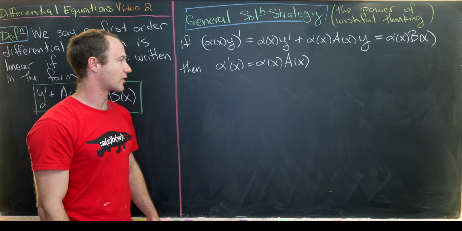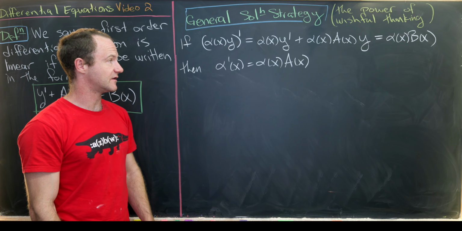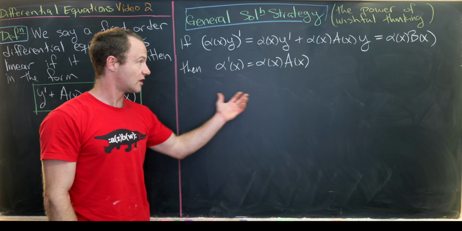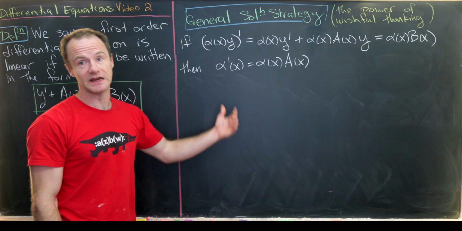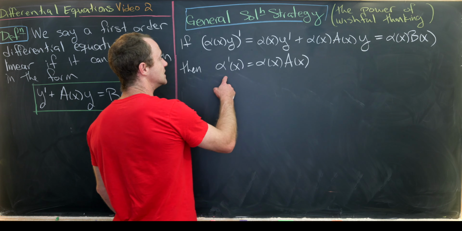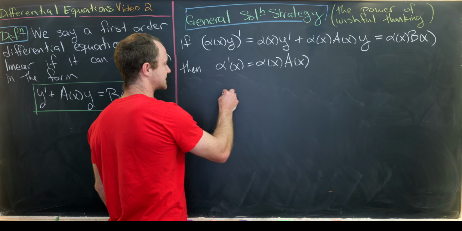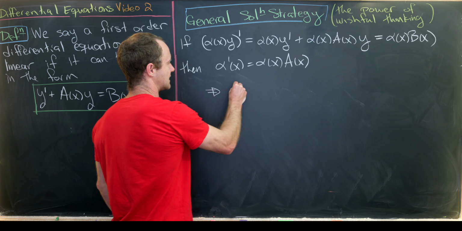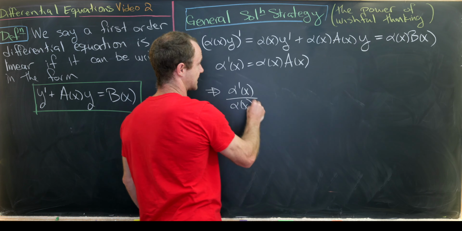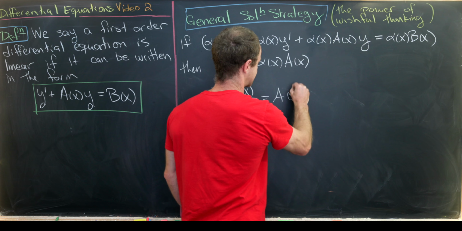We have alpha prime of x equals alpha of x times a of x. And we'll solve this remaining differential equation for alpha, and we'll see that it's actually not so bad. So let's first divide both sides by alpha. And that gives us alpha prime of x over alpha of x equals a of x.